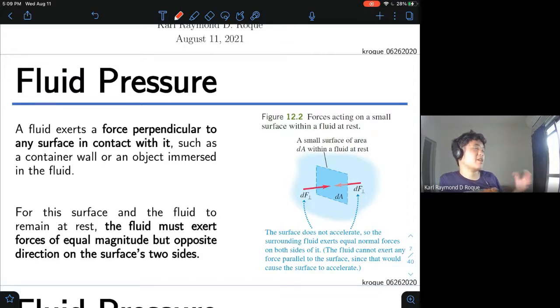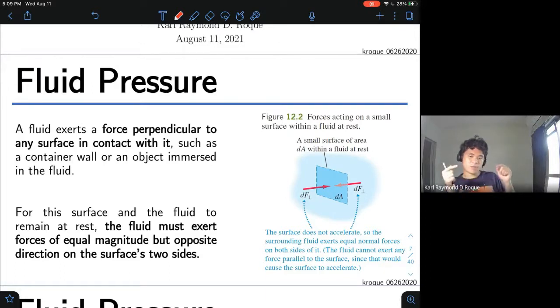Or sige, mas magandang analogy siguro, pag nilagay ko yung baso nandito sa picture ko. Di ba? Meron kang flat surface. So para maging at rest yung surface tsaka yung fluid, dapat walang net force.